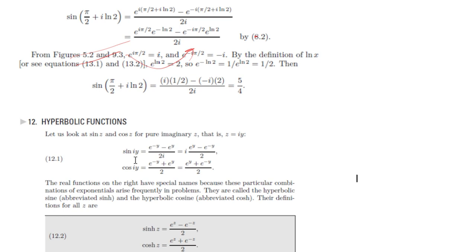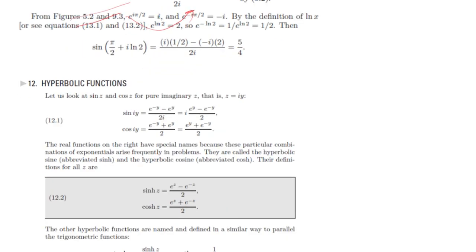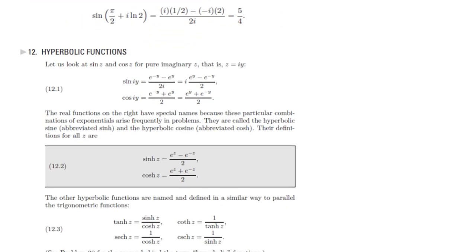These functions are called hyperbolic functions, and I will not go into details of hyperbolic functions because that is a whole category of its own. But as simple as that, you can write sine of iota y as exponentials which do not contain any iota, and also cos of iota y as exponentials which do not contain any iota inside the exponential.